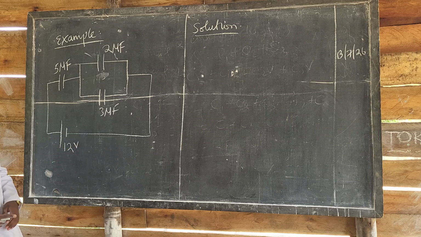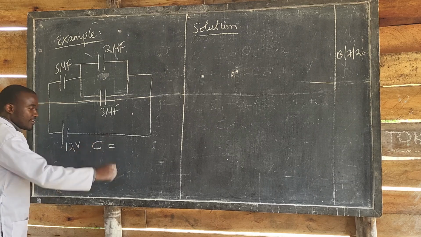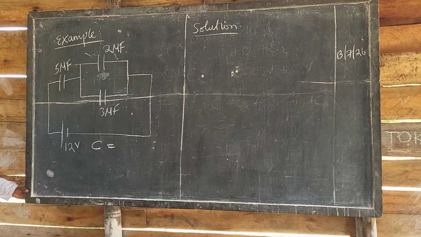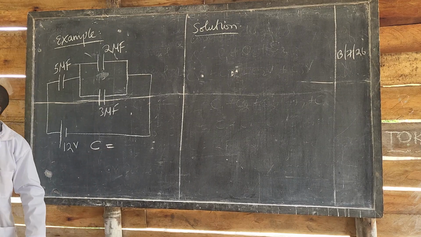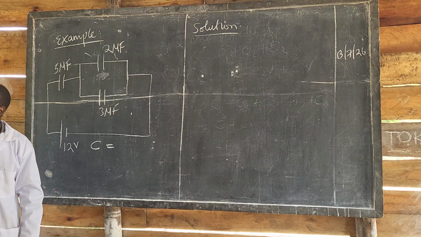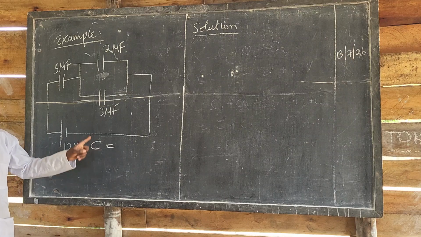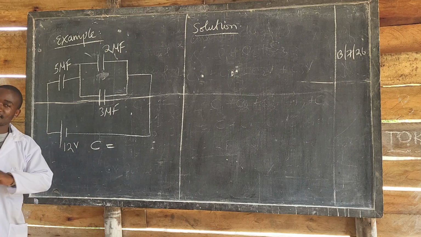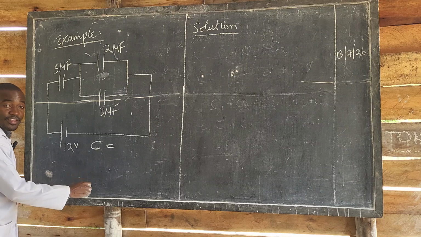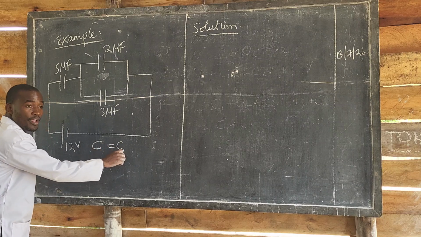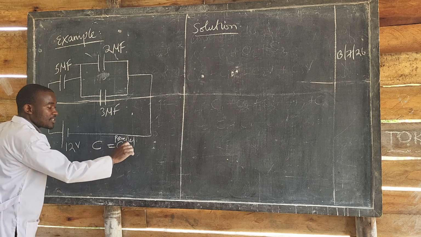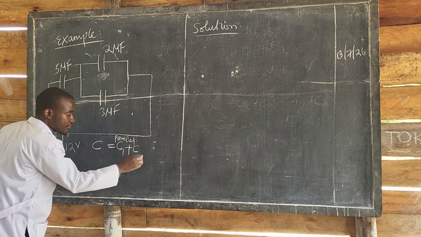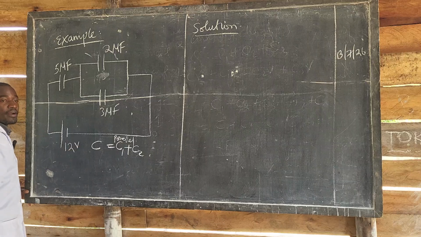So what is the effective capacitance for capacitors in parallel? It will be C1 plus C2, because these two are in parallel.